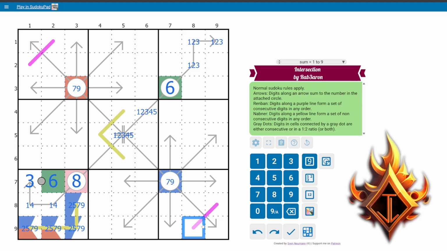Red cannot go here. So if red was 9, it would have to go here. That would be 8. 8 would be in one of those.